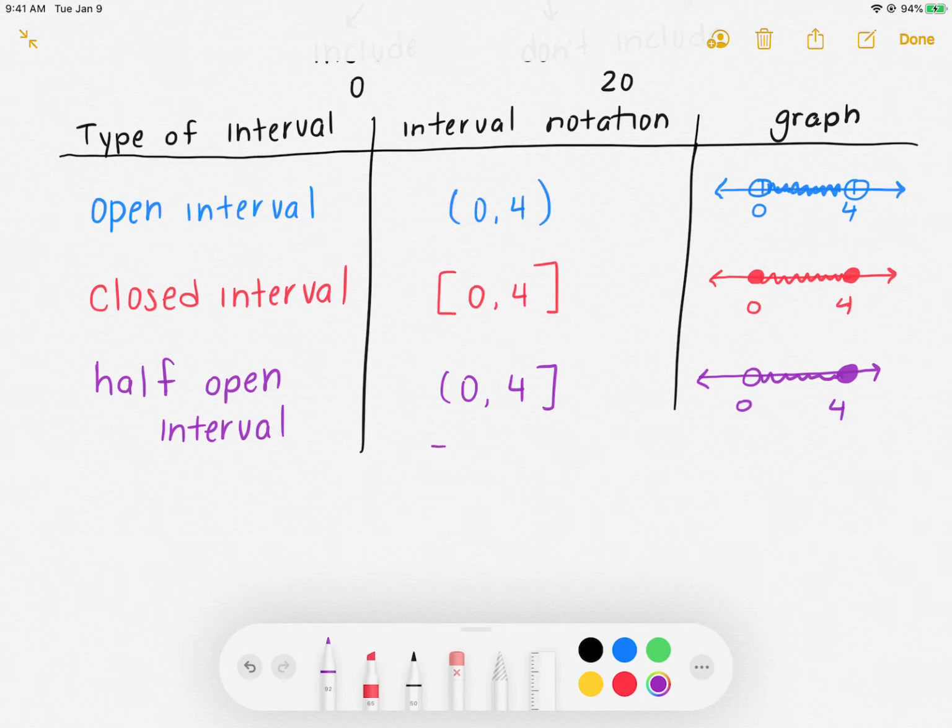Or I could include 0 and not include 4. So I can mix and match any way I want in order to show what I'm doing, in order to show which numbers are actually being included or which numbers aren't being included.